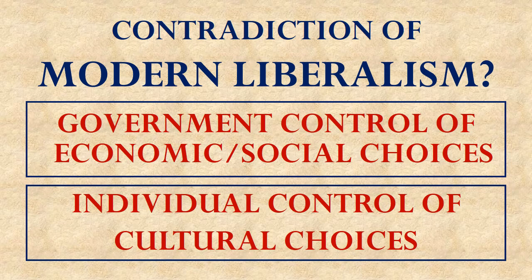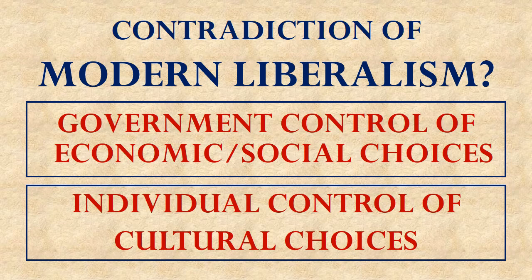But there are areas where modern liberals want the government to stay out of, what we can call cultural choices. Things like, for example, abortion rights. They want women to be able to freely get abortions. Drug laws. They would like people to be able to use drugs if they wanted. And this can potentially seem contradictory. The modern liberals want the big hand of government in some areas, like what you can buy and sell, how much you can charge, how much money you can make, things like that.